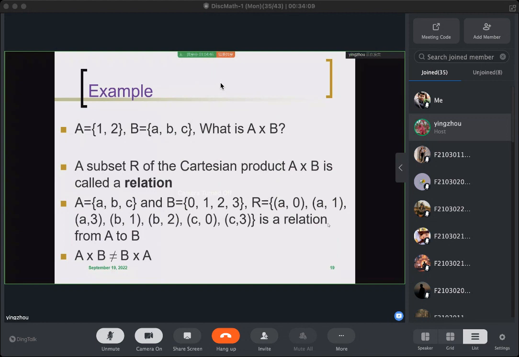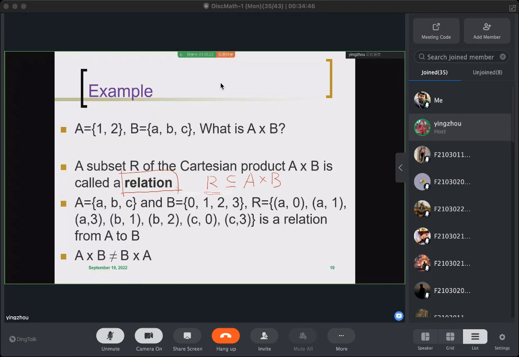And we also have the relation concept. The relation is a subset R of A times B, which is the short way to write the Cartesian product of A and B. If this set is a subset of A times B, then we call it a relation.